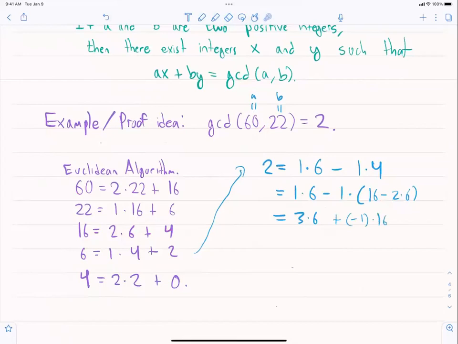Okay, so now I've improved my situation because I've moved up. Instead of having 4s and 6s, I have just 6s and 16s. So I moved up this tower, and I keep on going. So now I'm going to do this for 6. I use this equation to solve for 6. So 6 is 22 minus 1 times 16.